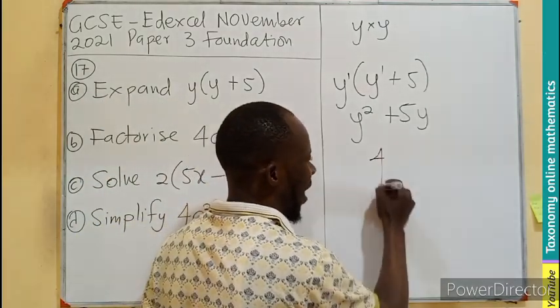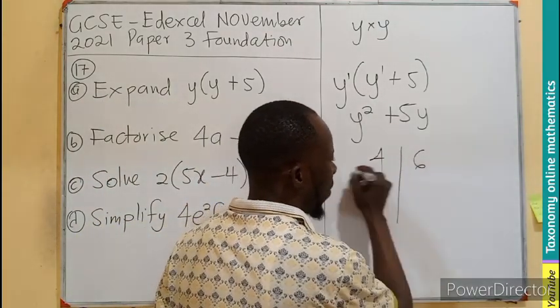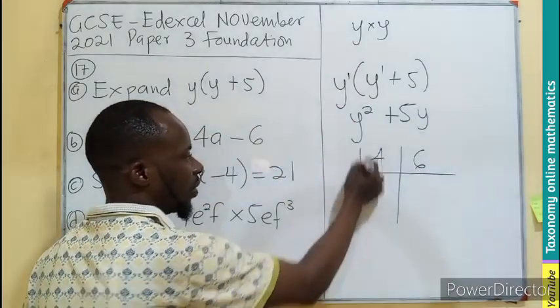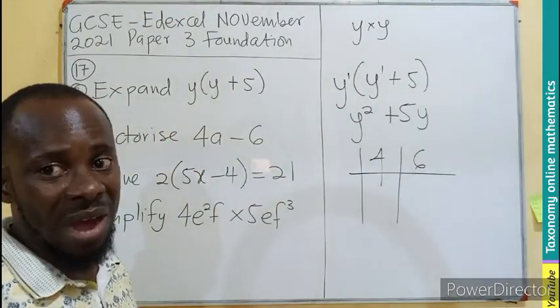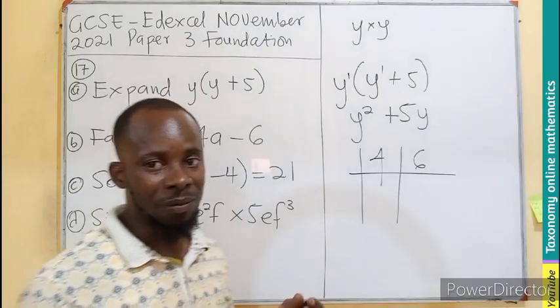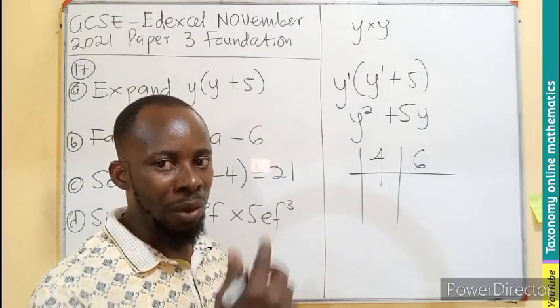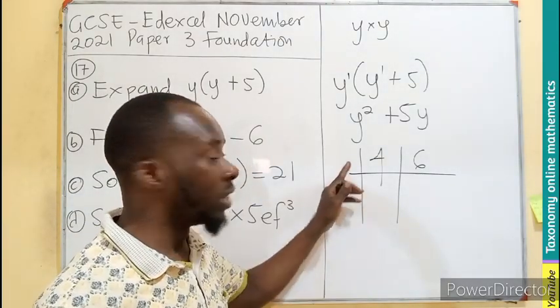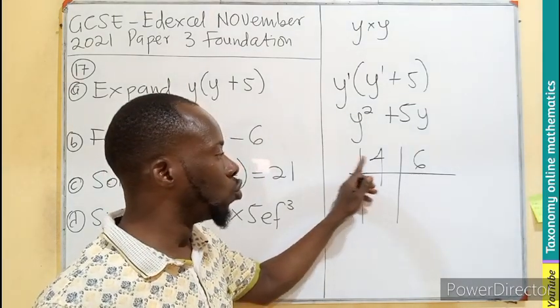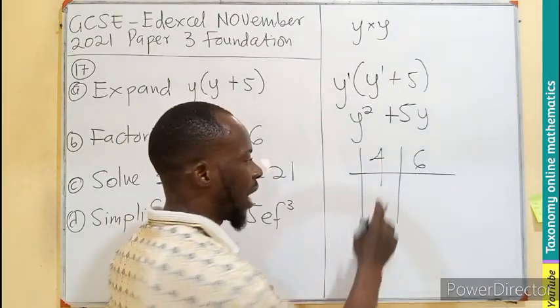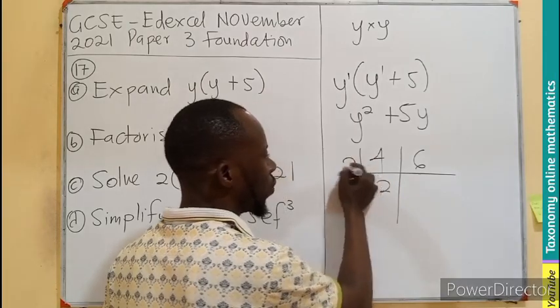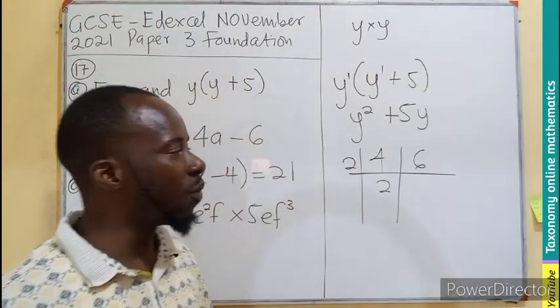So let me see if I can get the common factors of 4 and 6. Which numbers can divide 4 and at the same time divide 6? I believe 1 is able, but you're looking for prime numbers. So the next number will be 2. 2 dividing 4 gives 2, because 2 times 2 gives us 4.